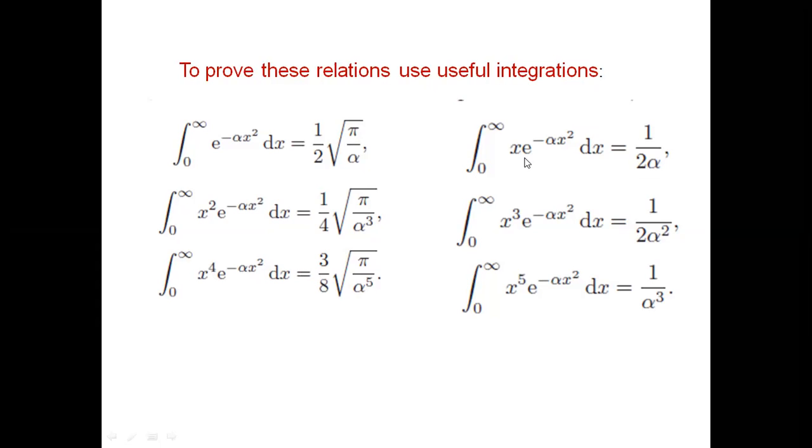And also for x e to the minus alpha x squared, we get 1 over 2 alpha, and for x cubed it equals 1 over 2 alpha squared.